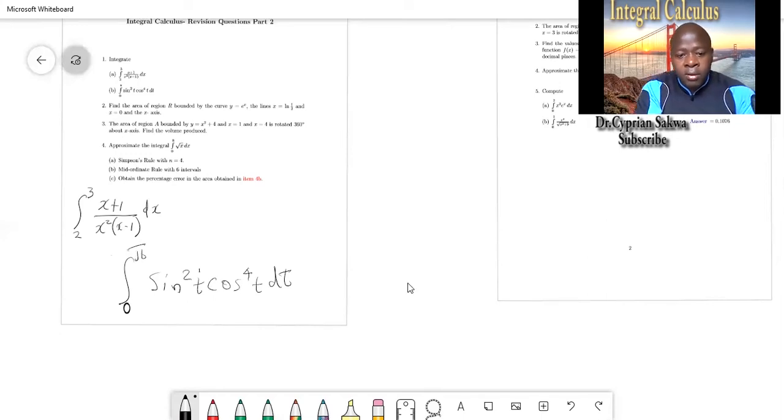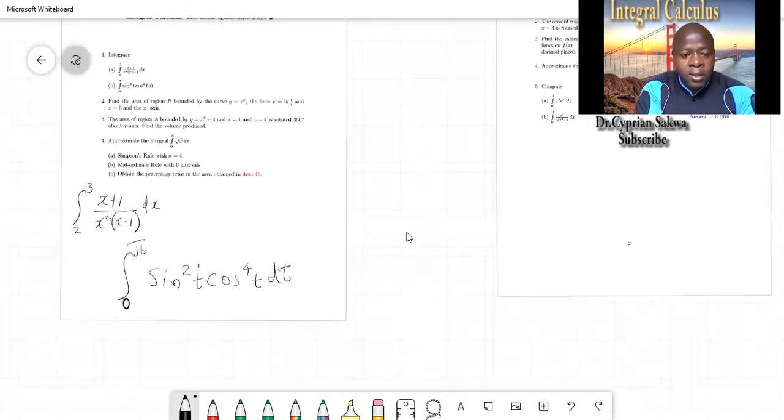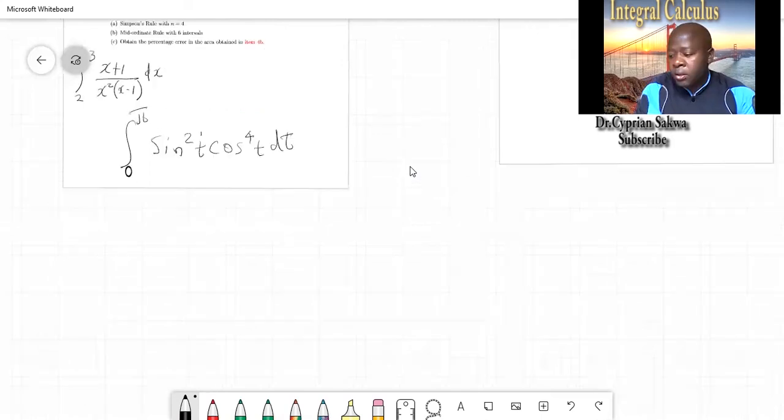The good thing about this kind of question when you're integrating trigonometric ratios is that you're supposed to first of all check the powers and see whether they're even or odd. In this case, the exponent for sine is even, and therefore cos is also even. So we do it differently from the way we did in our previous video when we had the exponents that were odd.